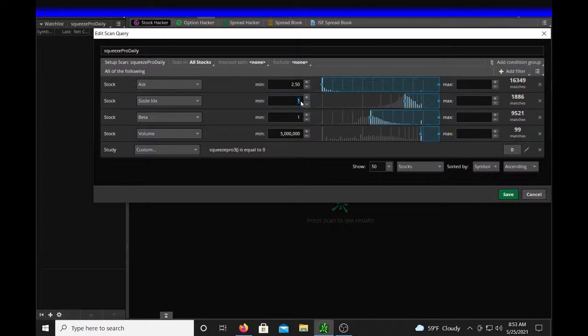So let's go with our sizzle index. Let's get that to about 0.8. Our beta, let's say 0.85 at least. And our volume, let's change this up.